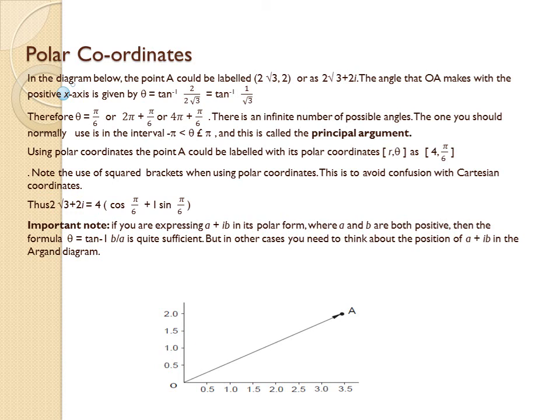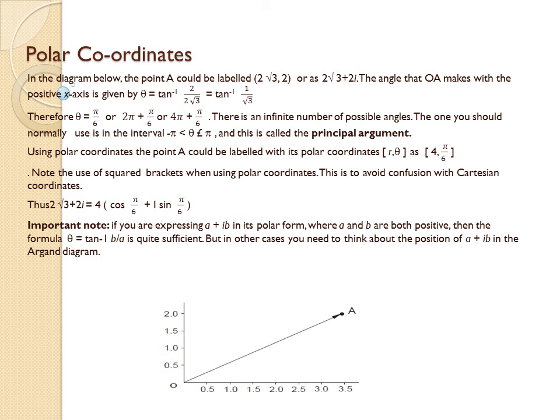The angle that OA makes with the positive x-axis is given by theta. Theta equals tan inverse of 2 by 2 root 3, because tan inverse is perpendicular by base. So 2 by 2 root 3 gives tan inverse of 1 by root 3, which means theta equals pi by 6, or 2 pi plus pi by 6, or 4 pi plus pi by 6.